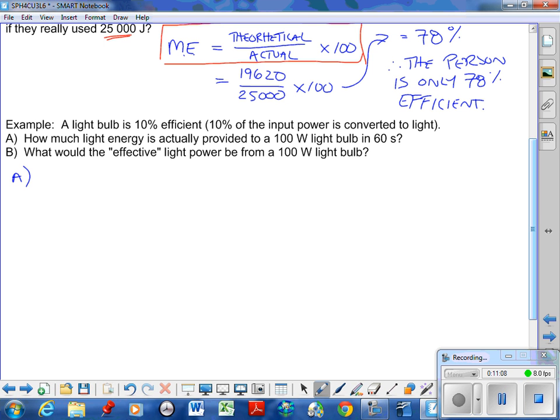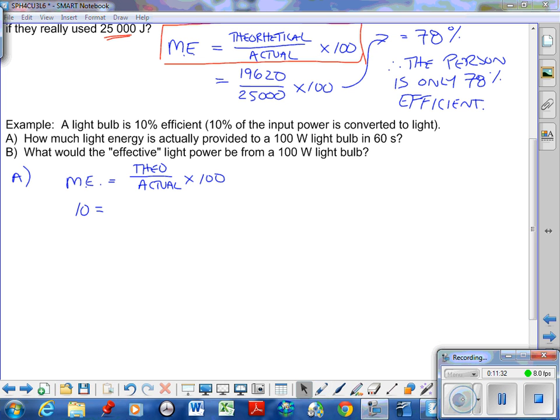We know mechanical efficiency is equal to theoretical over actual times 100. We know it's 10% efficient, and we have a 100-watt supply. Sorry, the 100 watts, that's your actual. Oh, we have to do a calculation. We need energy. That's the problem here.